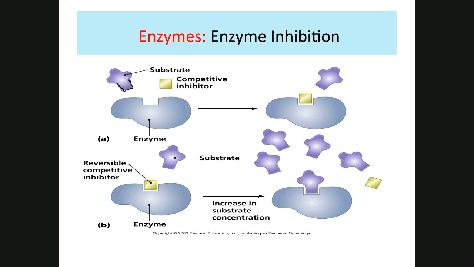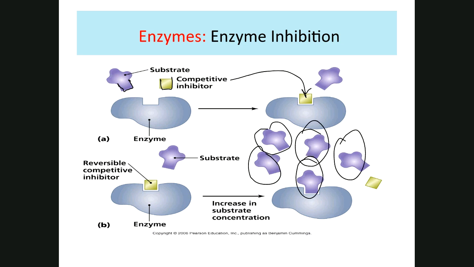You can see here, similar enough to where the competitive inhibitor could fit into the active site and effectively block the actual substrate from fitting in. So one thing a cell could do if faced with a competitive inhibitor is to secrete more substrate. So if it makes more substrate, now the chances of the actual substrate reaching the enzyme are higher than the competitive inhibitor reaching the enzyme.